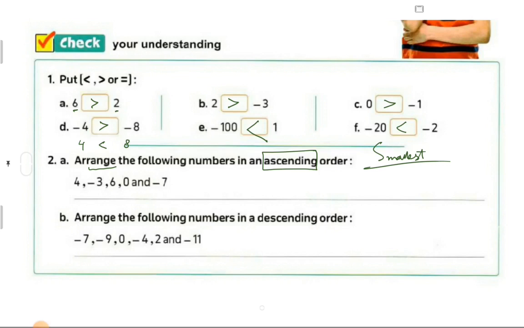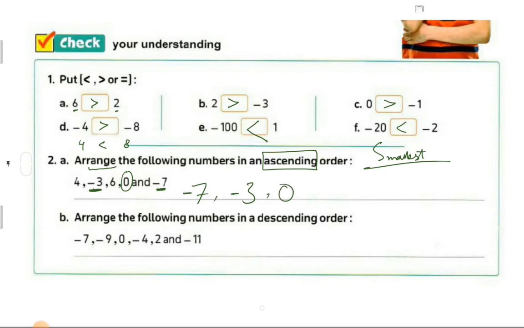The smallest, of course, will be one of the negative ones. Okay? Who is the smallest one? Negative 3 or negative 7? Of course, negative 7 is the smallest one. After negative 7 will be negative 3. Note that I'm walking to 0. Negative 7, negative 3, 0.